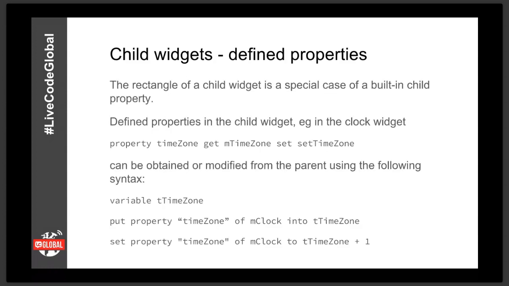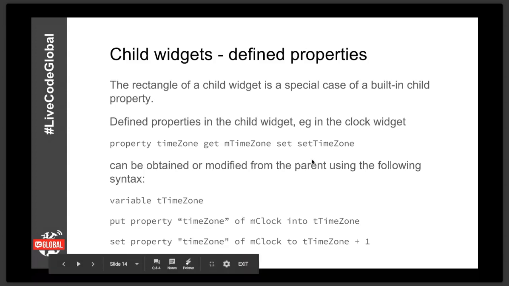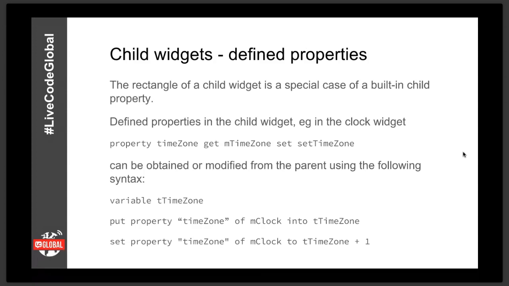The rectangle is a special case in that it's a built-in property of the widget. Defined properties you can also set using this generic property syntax. So there's an example of getting the time zone property of the clock and incrementing it by 1.